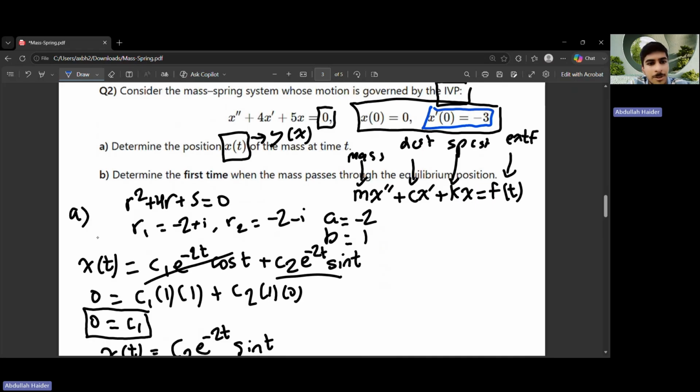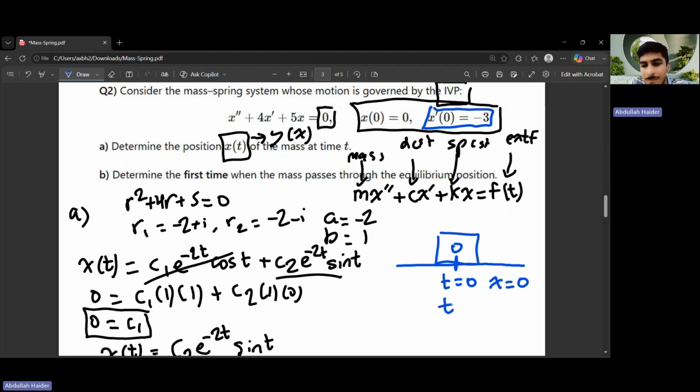Now, determine the first time when the mass passes through the equilibrium position. Let's assume that the mass was stationary at time t equals 0, and let's say this was the origin O. At t equals 0, x equals 1.